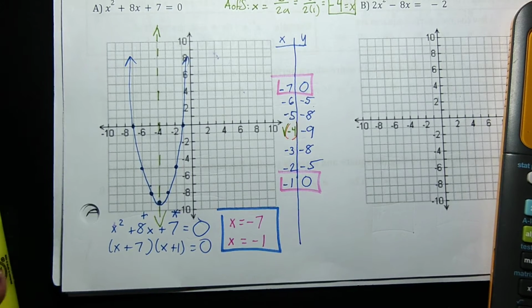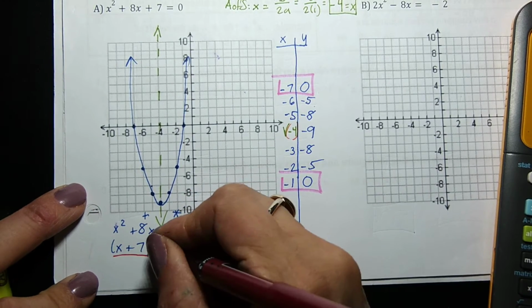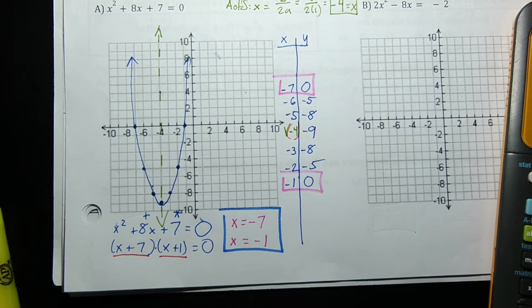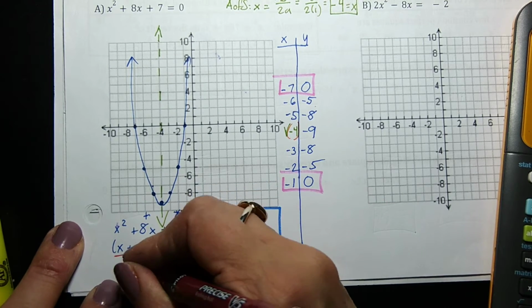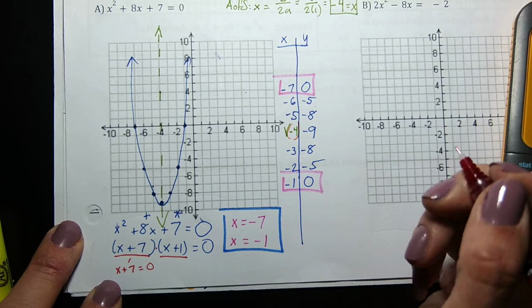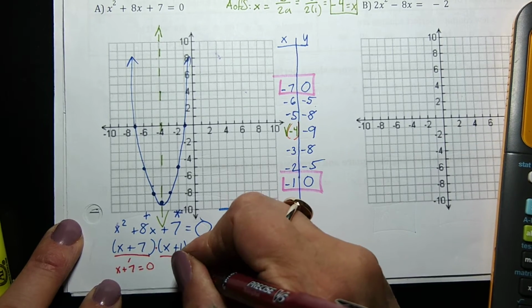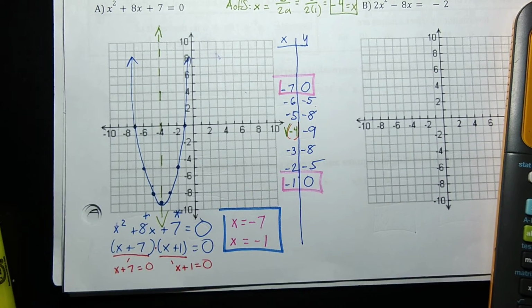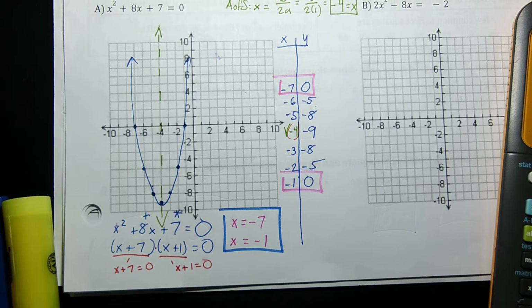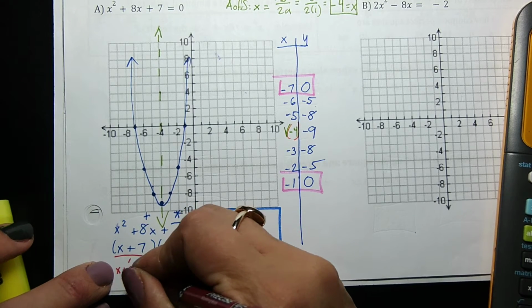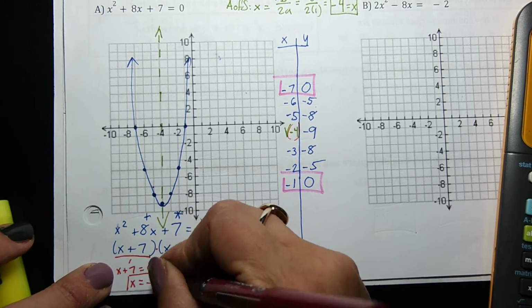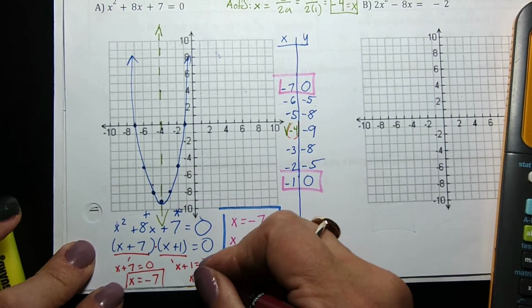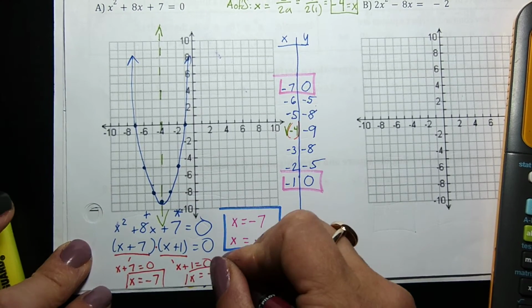So if I have something times something equals 0, that means either this something is 0 or this something is 0. And what do I get when I solve those two mini equations? We subtract 7 and we get negative 7. We subtract 1 and we get negative 1.